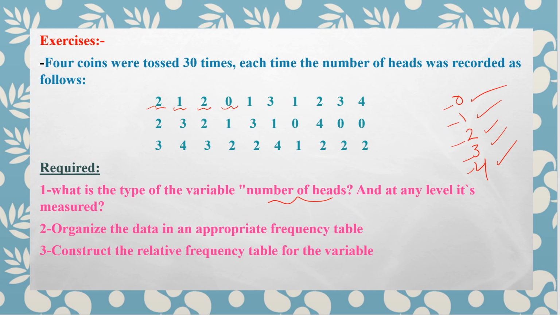For the 0 class, by counting how many zeros we got in this sample, we can see that we have 1, 2, 3, 4 zeros. So the frequency of the 0 class is 4. For the class of 1 head, we can count 1, 2, 3, 4, 5, 6. So we have 6 times that we got only 1 head.